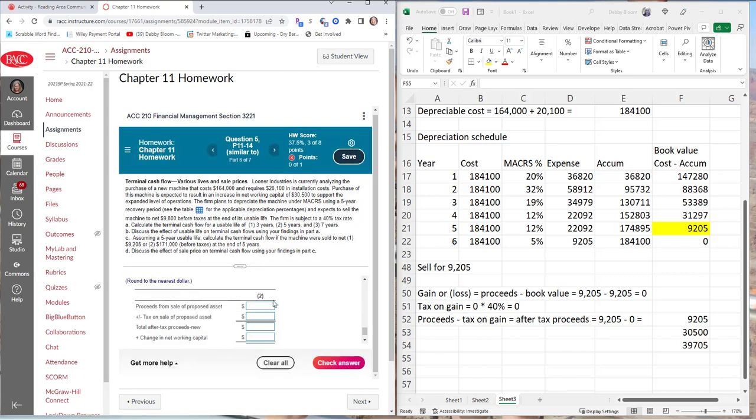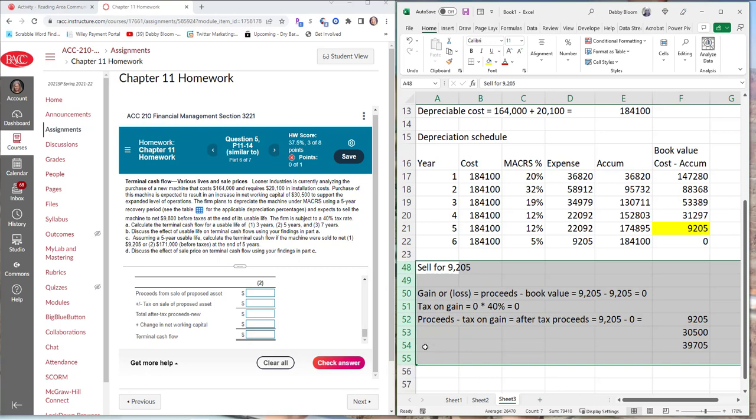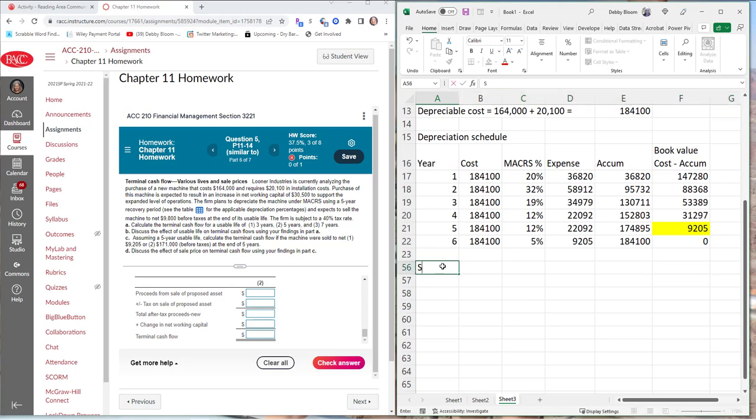The next part, if we sell it for $171,000, and notice we're supposed to round to the nearest dollar, we're just going to go through the same steps once again. So the first thing that we're going to do is calculate the gain or the loss, which again is going to be the proceeds minus the book value.